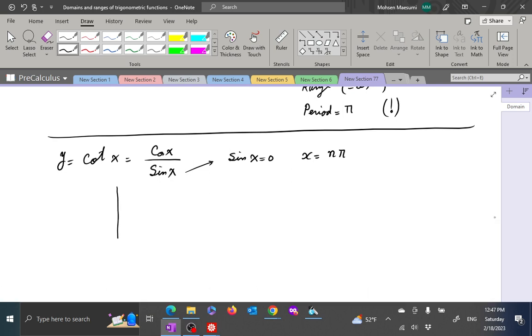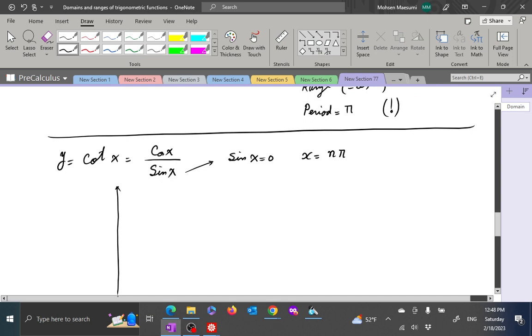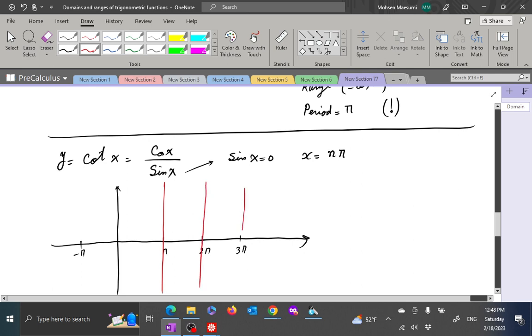So let's see if we can be quick with this one. We have again pi, 2 pi, and 3 pi, and then minus pi, and we are going to have our vertical asymptotes here. Where are going to be the x-intercepts?